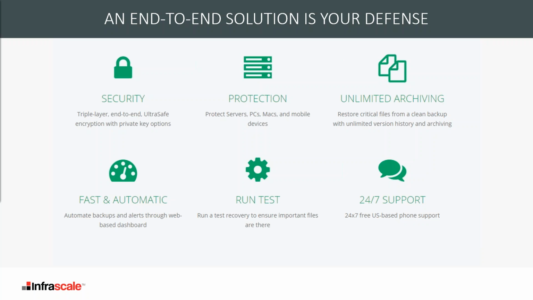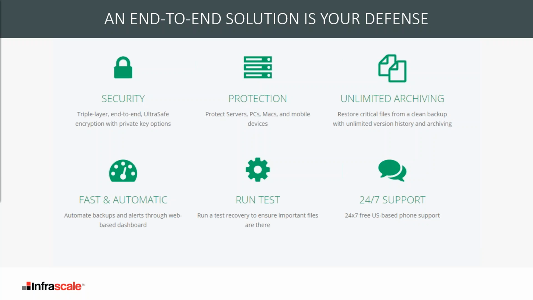So in addition to that, Infrascale is a completely end-to-end solution. We have double-blind encryption, protection for all servers, workstations, and endpoints, unlimited archiving with that proactive alerting that we just showed you, and then unlimited test recoveries to ensure that the policies you set are working the way you want them to.